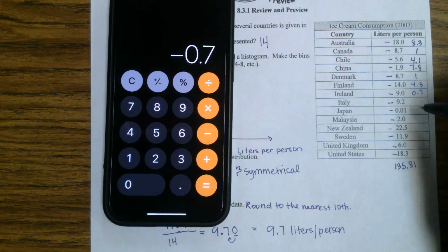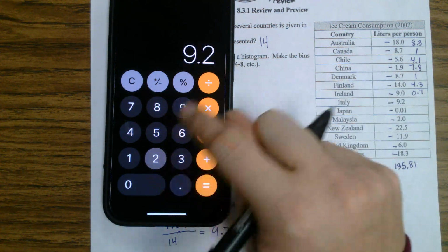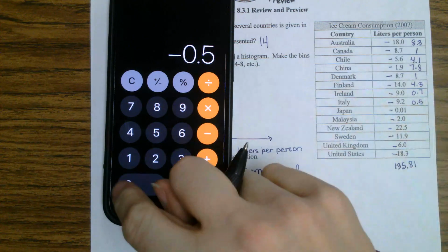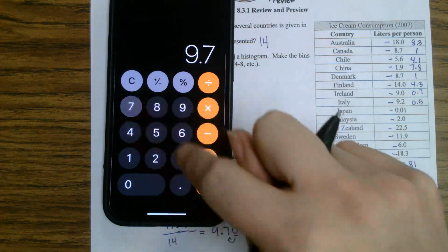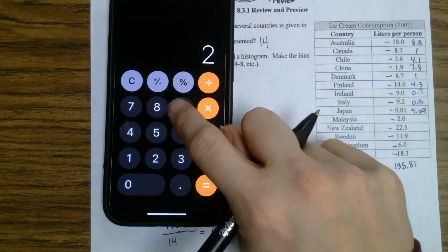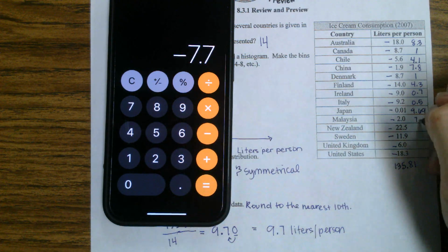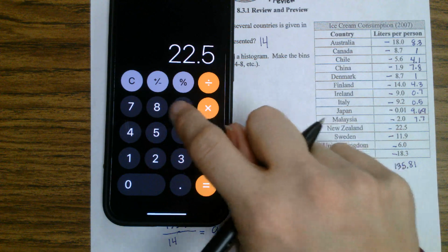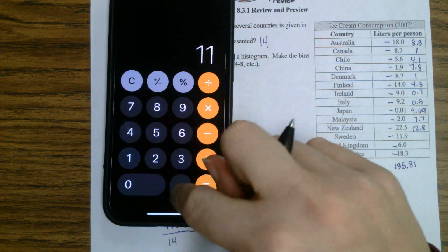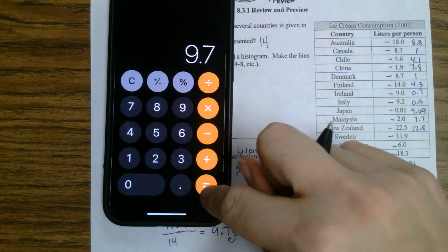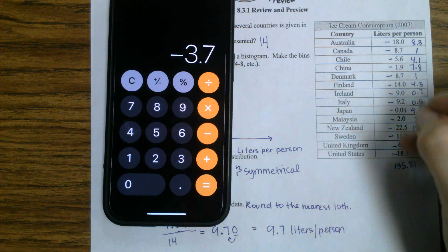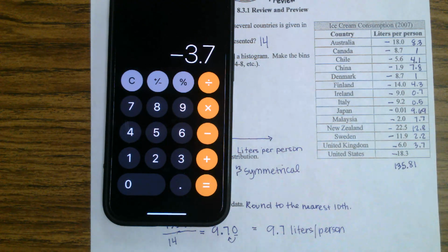It's really important that it's the absolute value, otherwise this won't work. 9 and 2/10 minus 9 and 7/10 is -5/10. 6 minus 9 and 7/10 is 3 and 7/10, the absolute value.